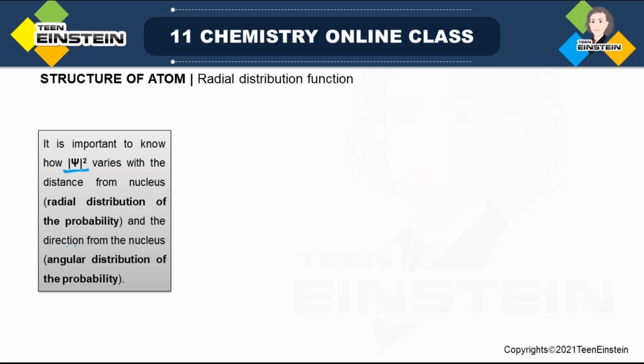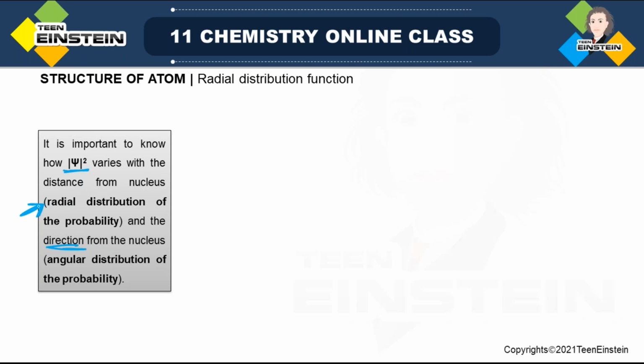The information related to direction is present in the angular distribution of the probability, but how it varies with distance from the nucleus is related to the radial distribution of the probability. So first we will focus on this, and mainly our focus will be on this only.